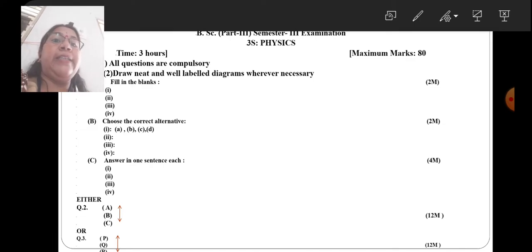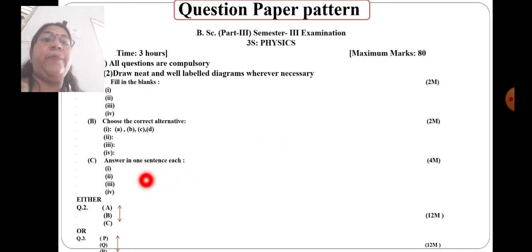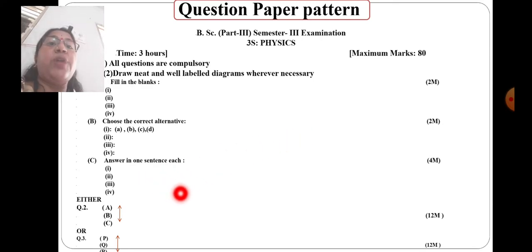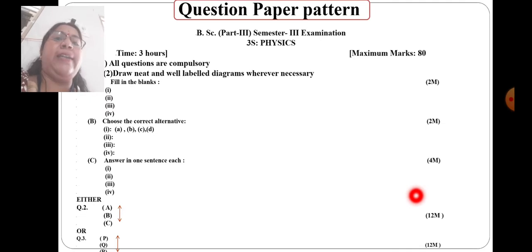Then we have already discussed question number 2 and question number 3. See here, question number 2 and question number 3 have compulsory questions A, B, C, each of 2, 3 or 4 marks. Question number 2 A, B, C has 12 marks. There may be bifurcations like 4, 4, 4 and in this way.